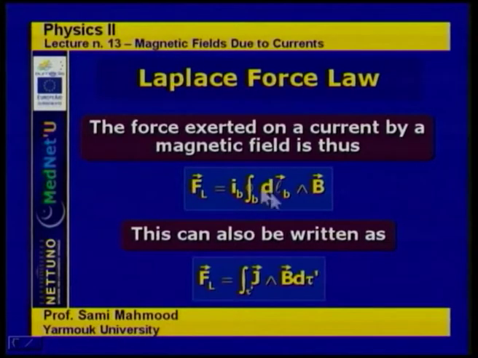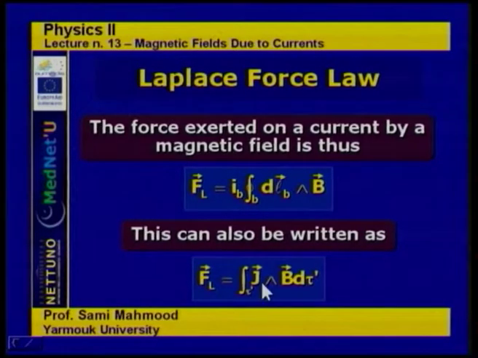If we recall that the current density J is simply I divided by the cross-sectional area, so I is simply the cross-sectional area of the conductor carrying the current times J. If we carry the direction of the current, instead of putting it in the direction of dl, as the direction of the current density, because the current density is a vector with a direction, now the direction is carried by J rather than by the length, then we will be left with dl times the cross-sectional area. dl times the cross-sectional area is simply d tau, which is the element of volume.